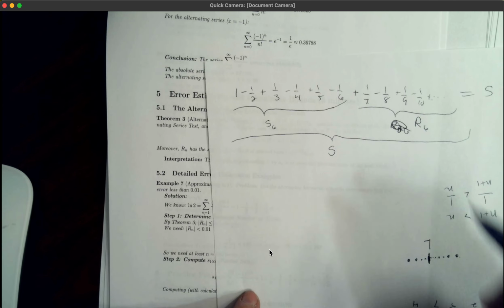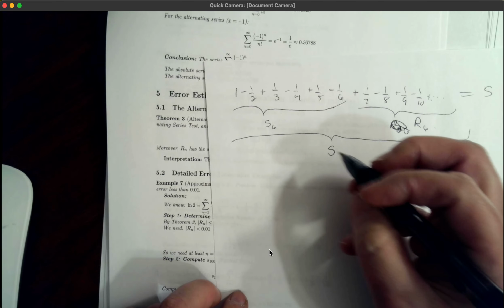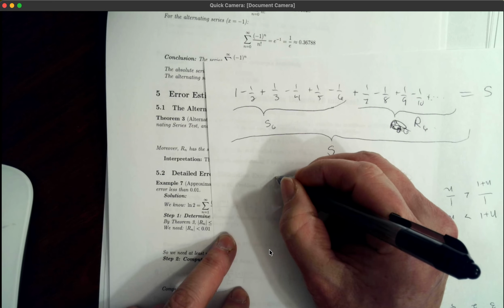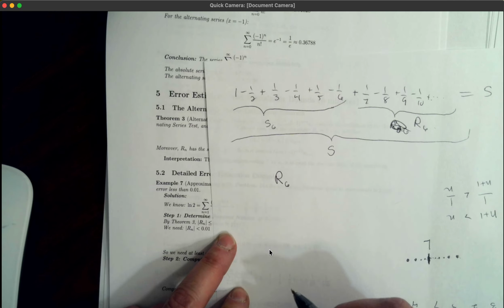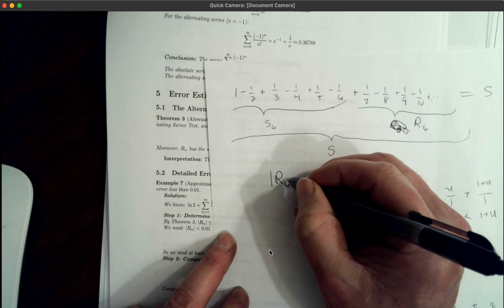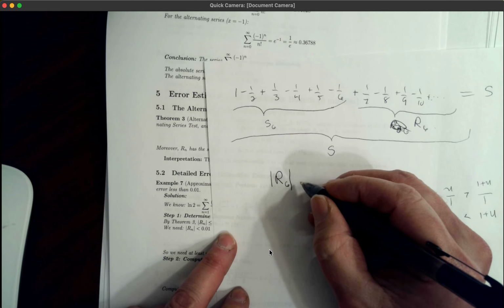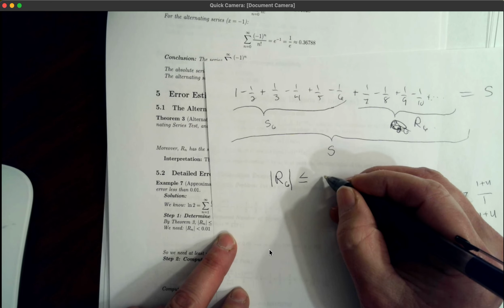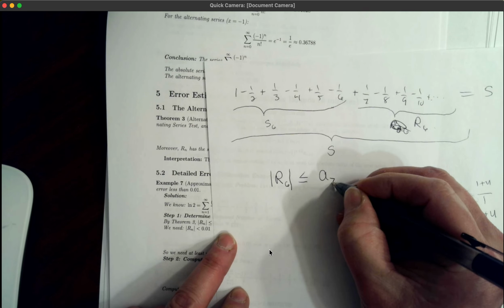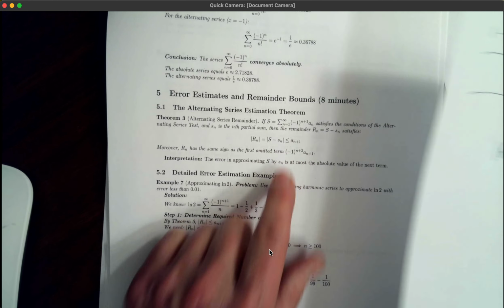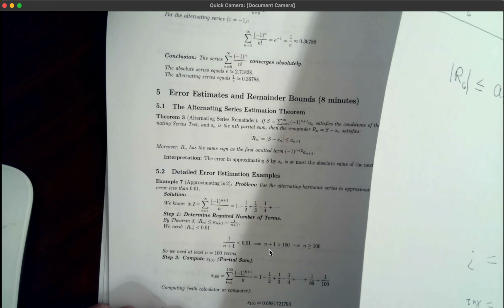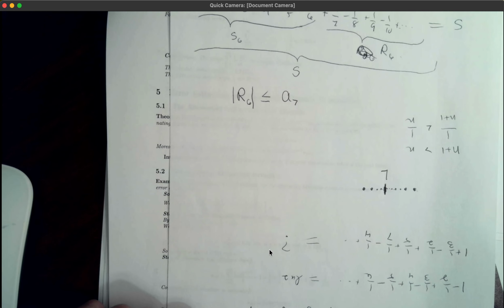And what we hope is that R6 is small, and in fact, the alternating series error theorem tells us that the absolute value of the remainder has to be less than or equal to the 7th term. See, that's an n plus 1 there. So it has to be smaller than the 7th term.